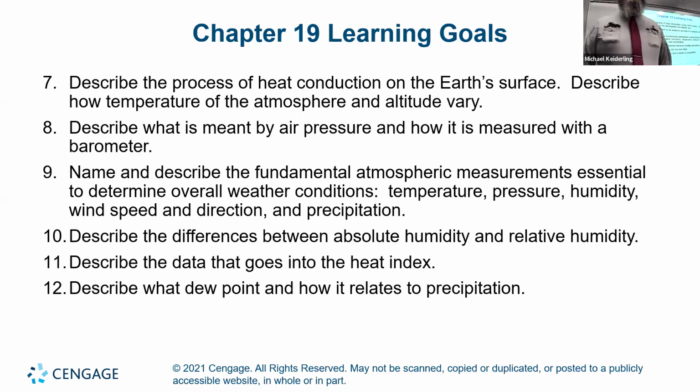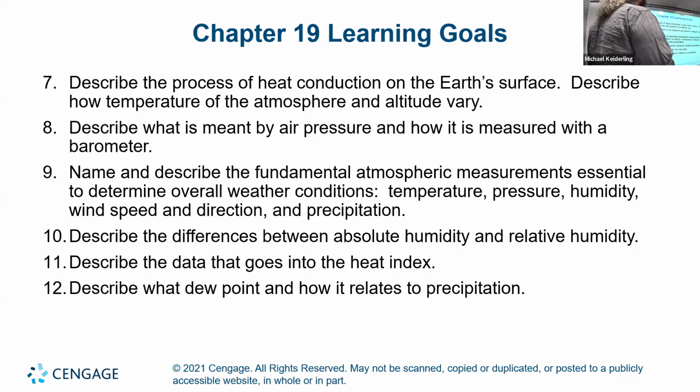We'll describe the process of heat conduction on the Earth's surface and describe how the temperature of the atmosphere varies with altitude. We'll talk about what's meant by air pressure and how it's measured with a barometer. We'll name and describe the fundamental atmospheric measurements essential to determine overall weather conditions, which are temperature, pressure, humidity, wind speed and direction, and precipitation.